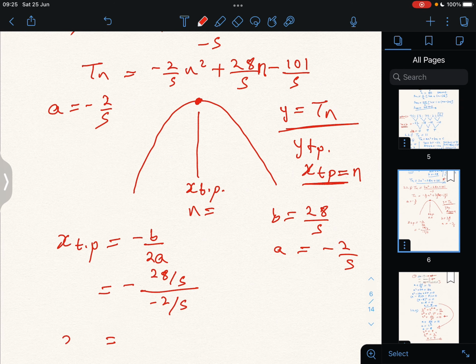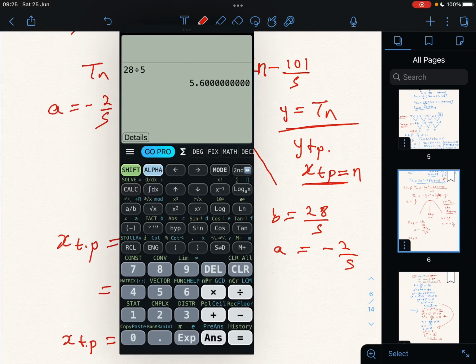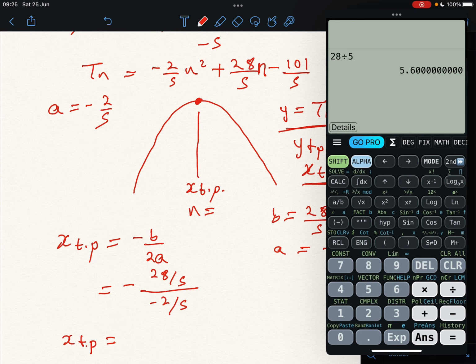Now let's check what answer we get when we use the calculator. That is negative 28 divided by 5 divided by -2 divided by 5, and we get a value of 14.